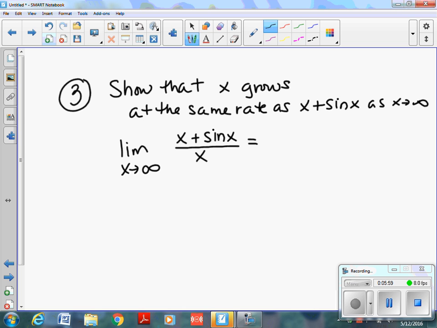And I'm just going to simplify it. I can put this over this and this over this, which makes 1 plus sine of x over x. And this one's automatically 1. And you remember all the way back, remember what the sine of x over x graph looks like from chapter 2.